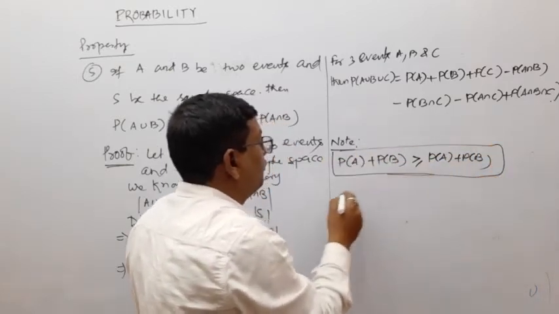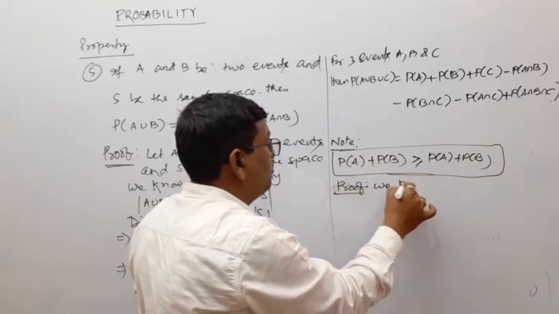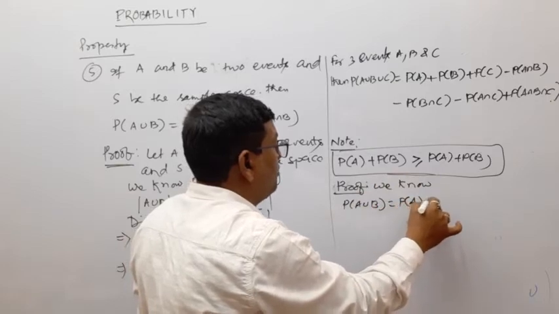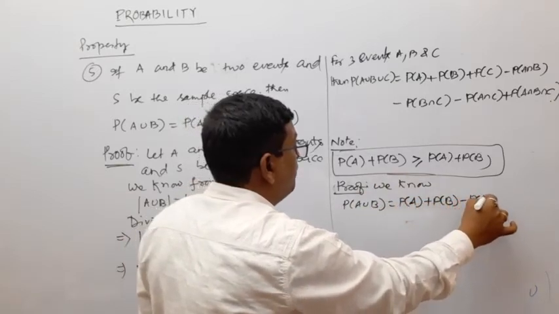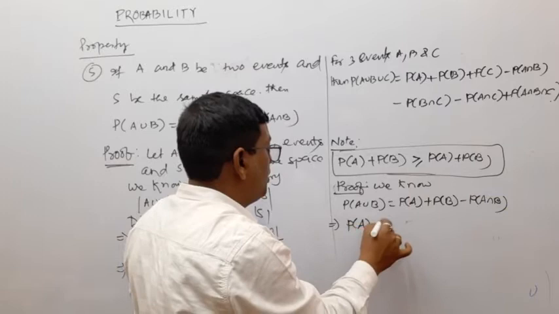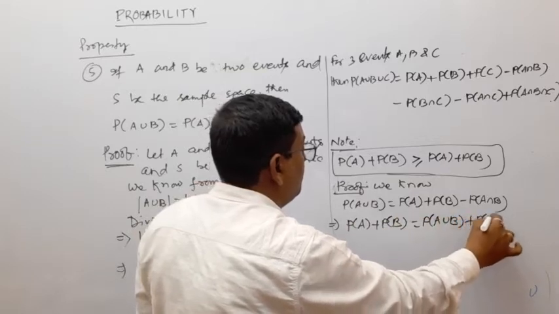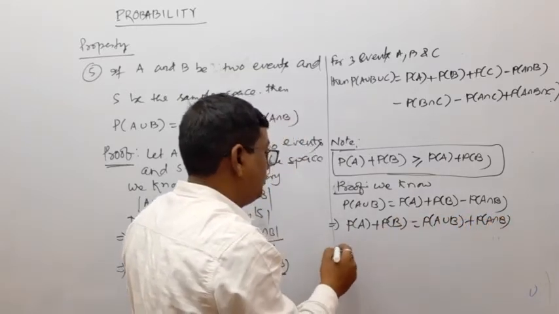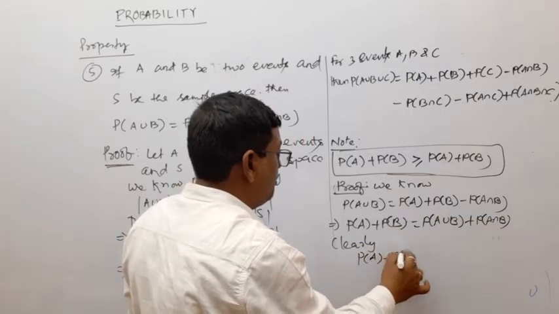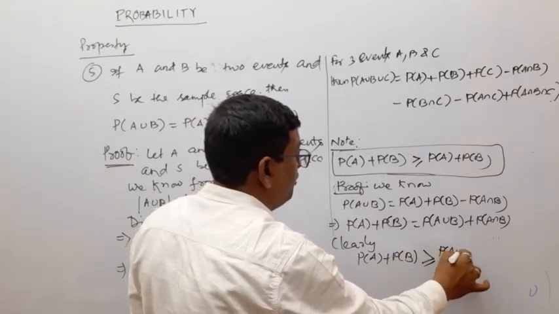We know that probability of A union B is equal to probability of A plus probability of B minus probability of A intersection B. So probability of A plus probability of B is equal to probability of A union B plus probability of A intersection B. Obviously, clearly, probability of A plus probability of B is greater than or equal to P of A union B.